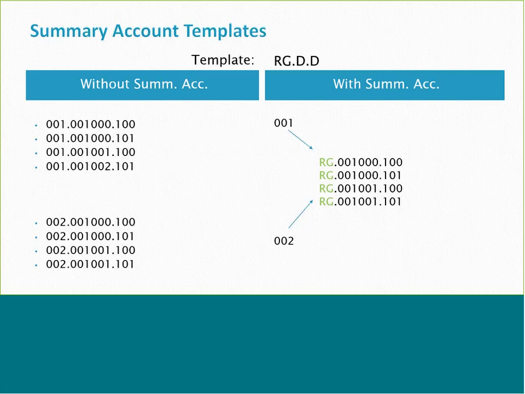So ultimately, this is the goal that we want to achieve. So once you create your roll-up groups, what is the next step that you take? Then you go and create a summary account template. And it is with these summary account templates that you'll be able to achieve the ultimate goal of being able to look at those various levels of balances, or to do those various levels of inquiries.